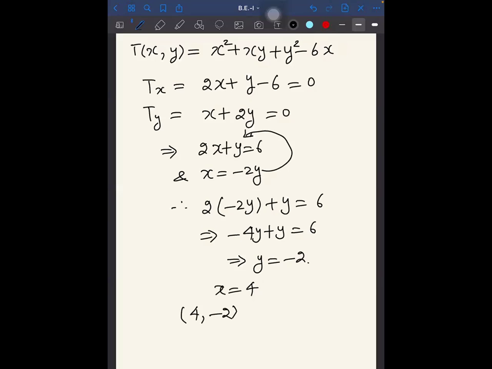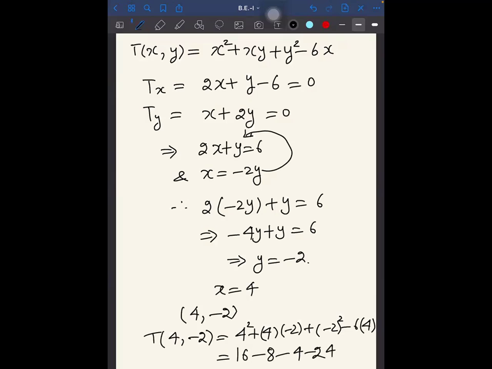Now you just get the value at that point. T(4, -2) is 4 square plus 4 into -2 plus (-2) square minus 6 into 4. So this becomes 16 minus 8 minus 4 minus 24.